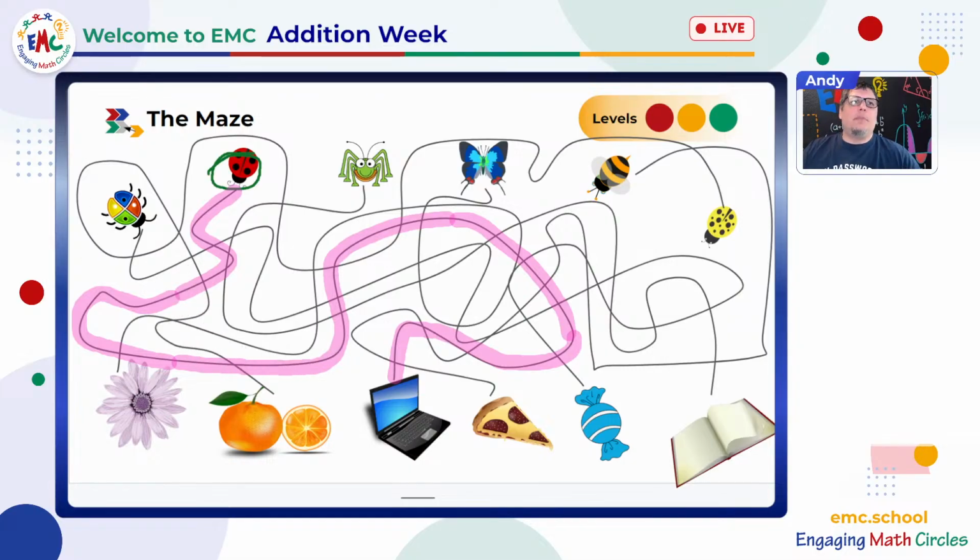Okay, what about the bee? The bee starting up here. What does the bee want to be next to? Bees. Well, there's a yellow ladybug.